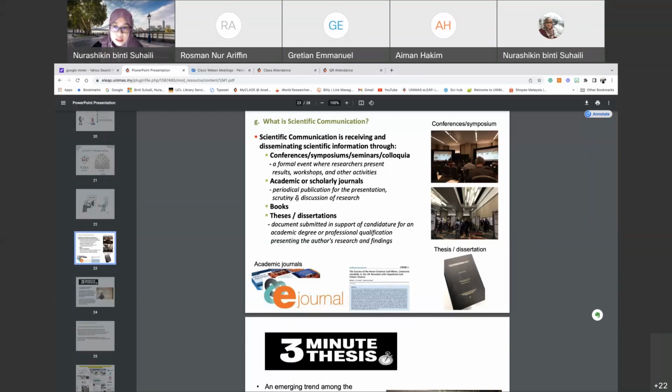Journals are like a body that gathers papers. When we say research paper, it is what is published by a journal. A journal is a body, and there are many scholarly journals.